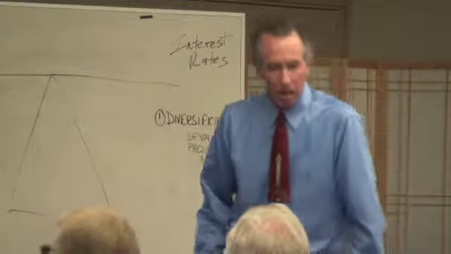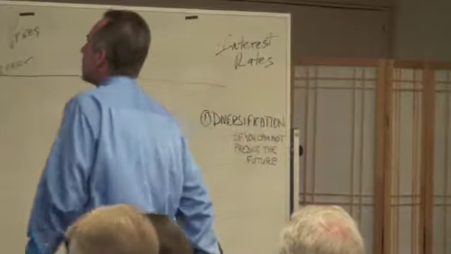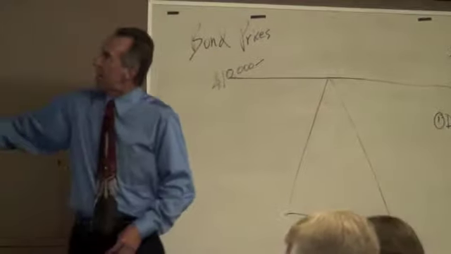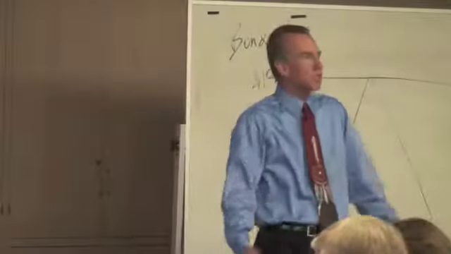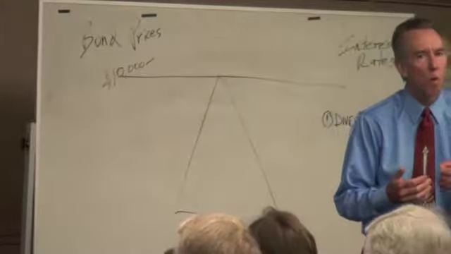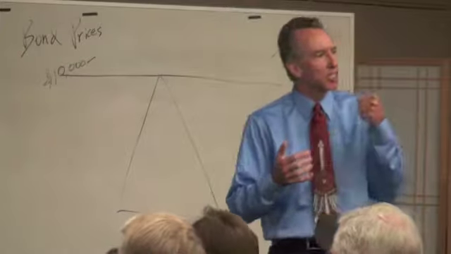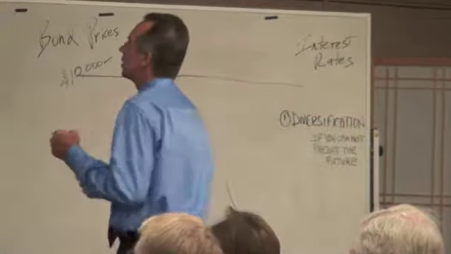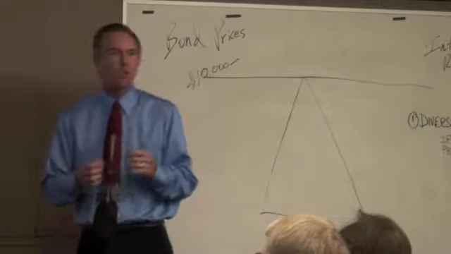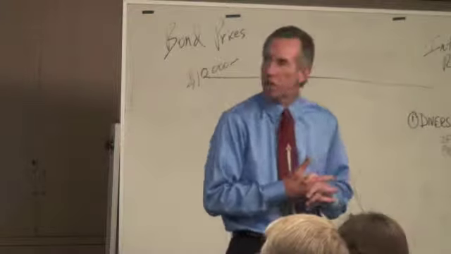Okay, so for fixed income securities, these are the main areas that we're going to go over today. Cash and cash equivalents, which are the safe areas. That's where your principal will not decline, where your principal is fixed. Then we're going to talk about bonds, individual bonds, individual issues.